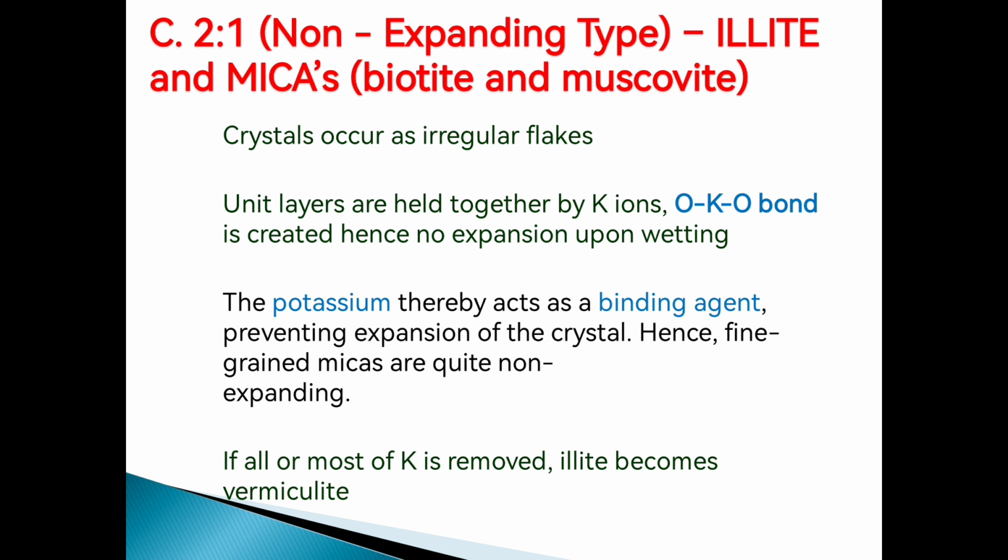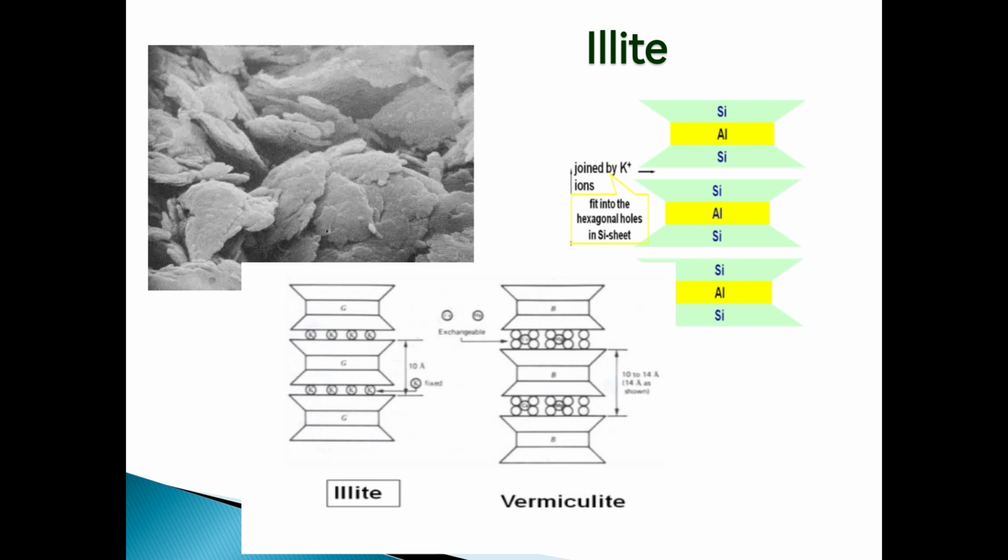If all or most of the potassium is removed, if you remove that potassium from that bond, illite becomes vermiculite. So, that's how clays happen. Look at that figure. We have here illites. But then if you remove that potassium, because this illite is connected by potassium bonded with oxygen, and because of that potassium, it holds the two layers, causing them not to expand.